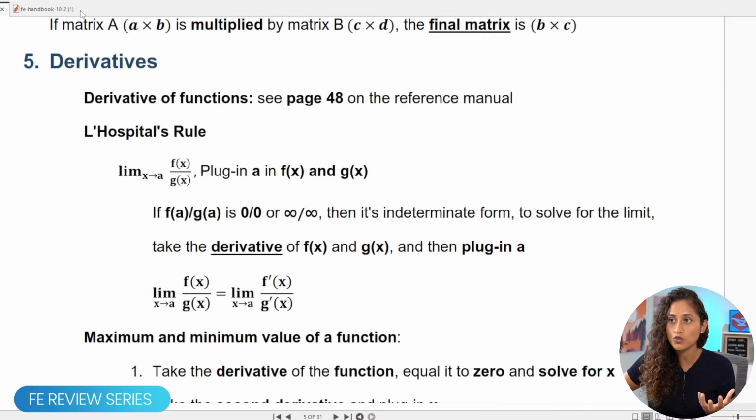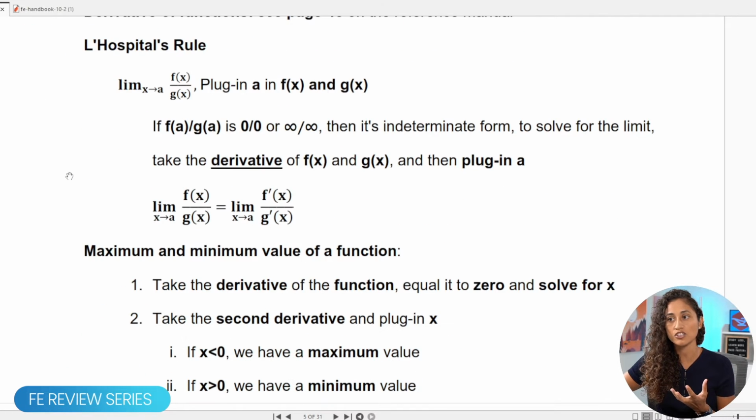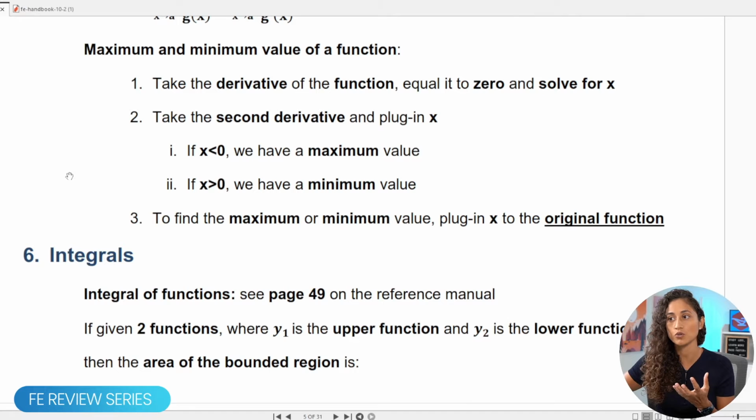Now, we also created a cheat sheet that has these equations or these steps more clear. To determine the maximum or the minimum value of a function, these are the steps that you need to take. First, take the derivative of the function, equal it to 0, and then solve for x. After that, we take the second derivative and plug in the x.